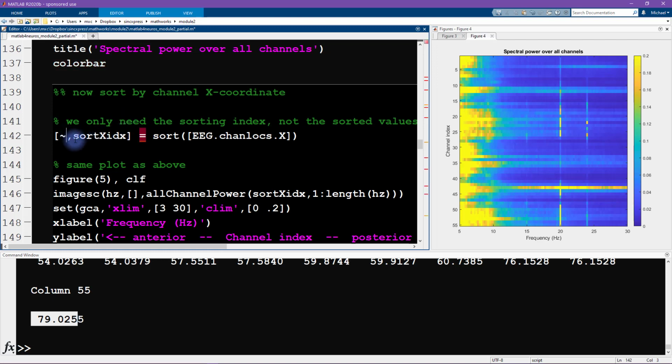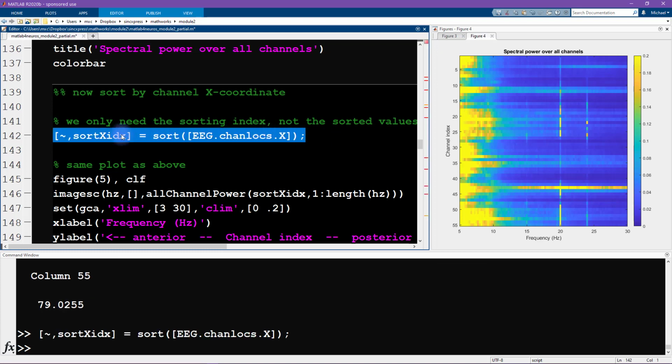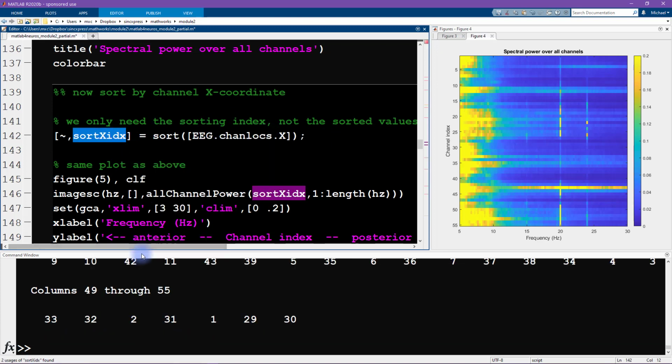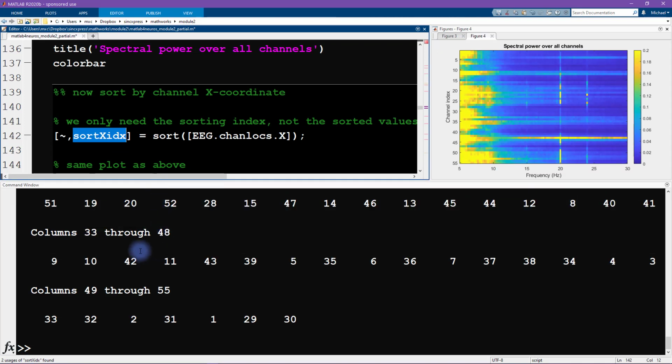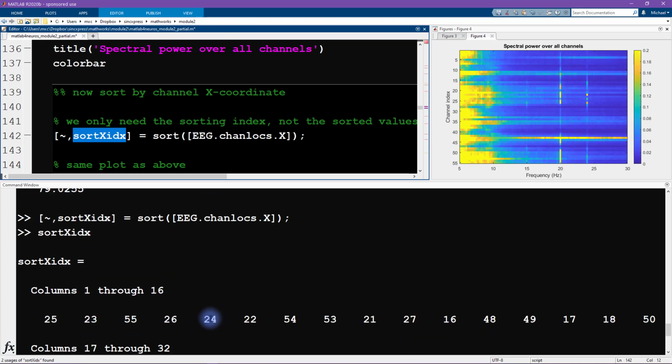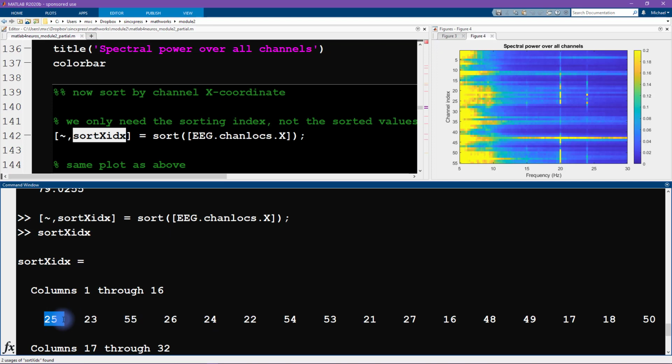Here we have the first output, which we are going to ignore, and we're going to get the second output, which is the sorting index. Now let's have a look at that variable. This vector is a bunch of indices, and this tells us that the electrode with the most negative x-axis coordinate is electrode number 25.